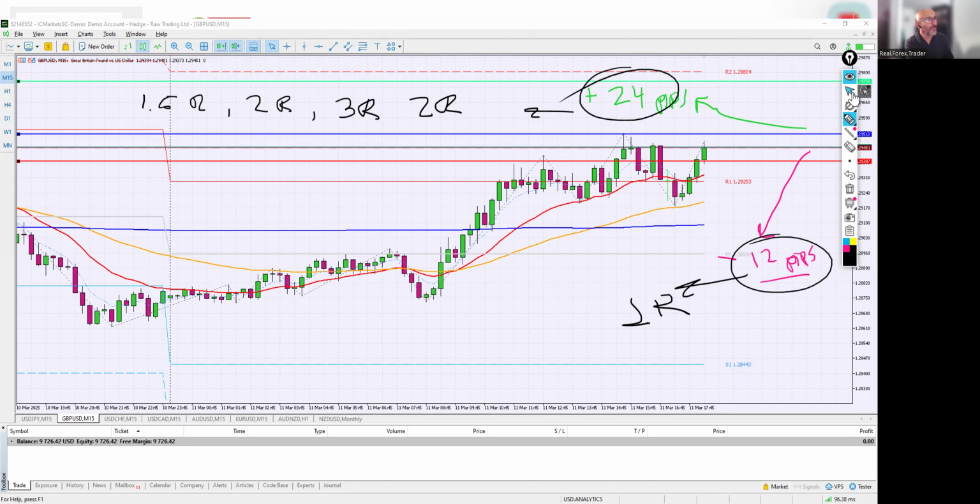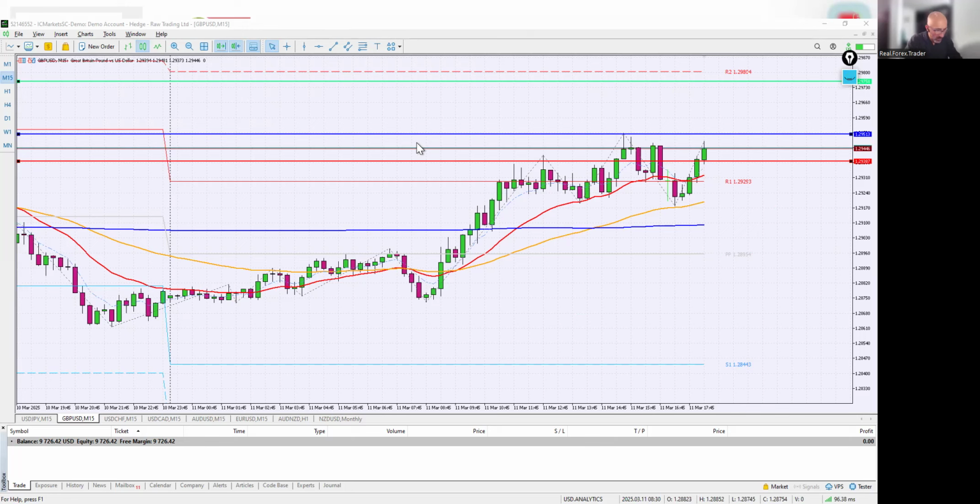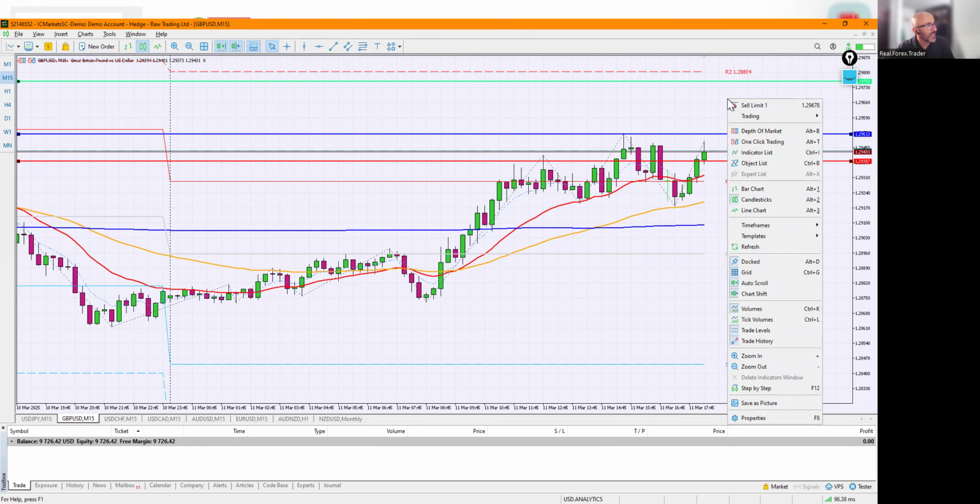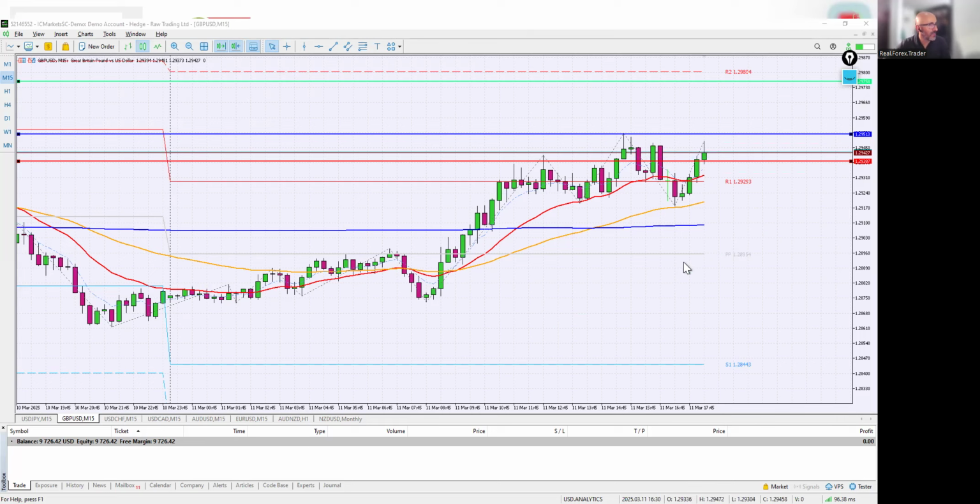All right, how to place it? Then you're gonna use your tool on your MetaTrader 5, and the tool is this. Right click and you hit new order. That is the new order.